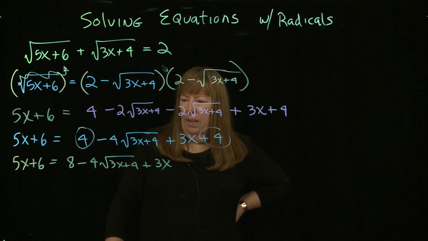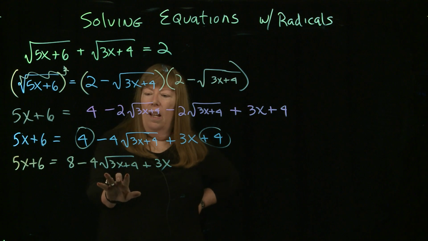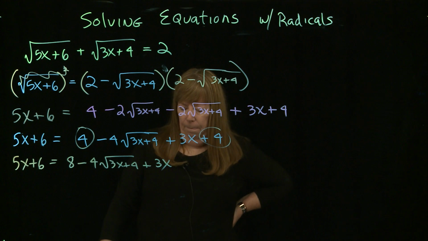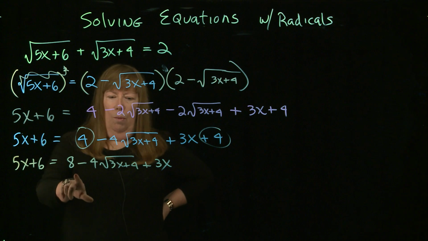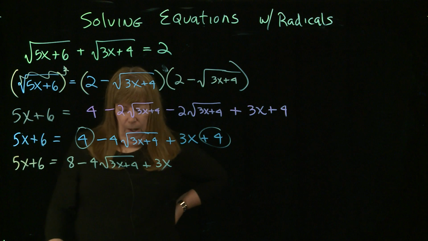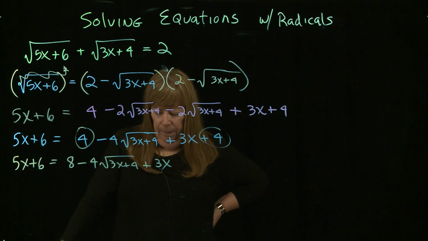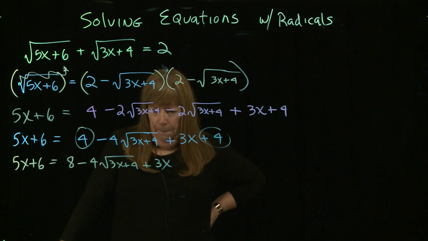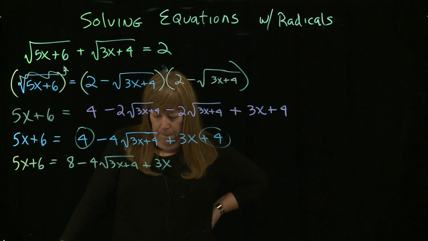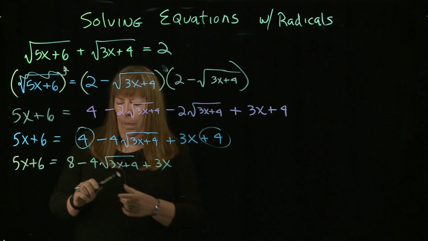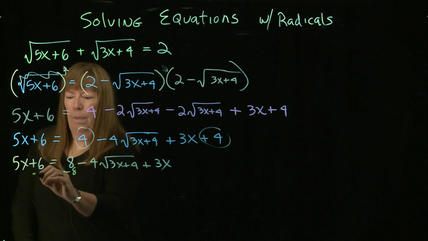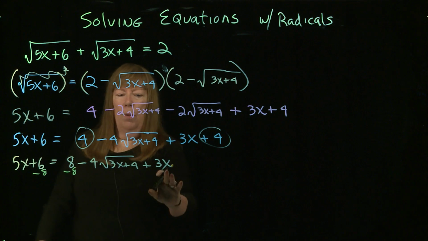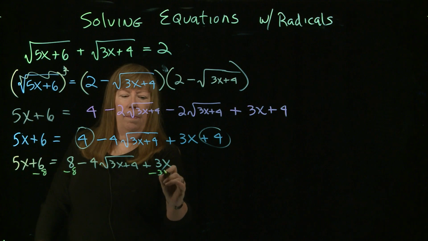So the next thing we need to do is get this radical by itself. So how are we going to do that? We could move the 8 to the other side. And we could move that 3x to the other side.